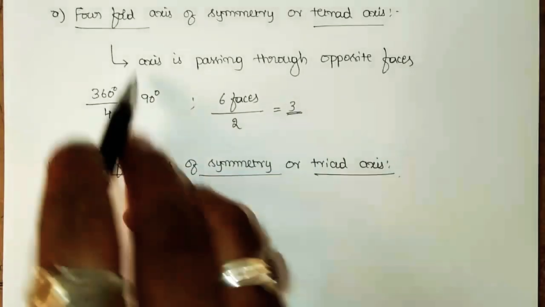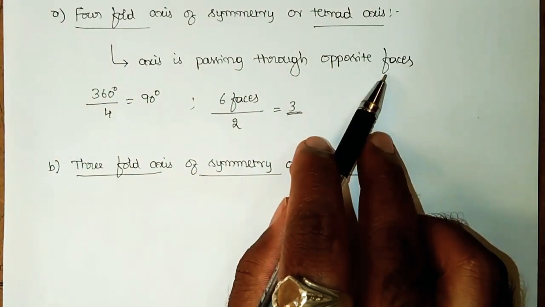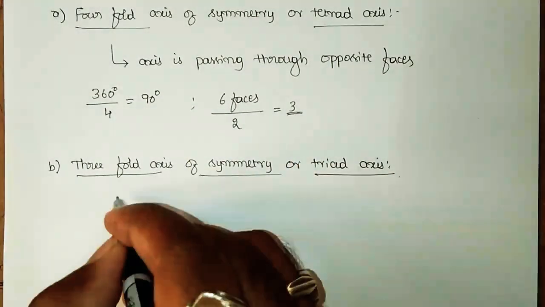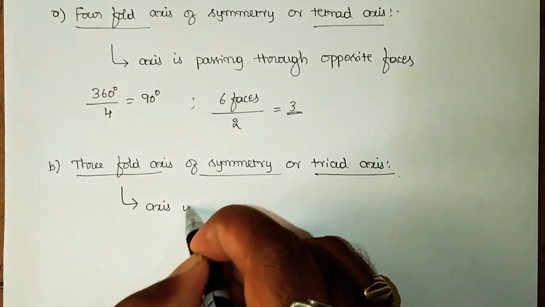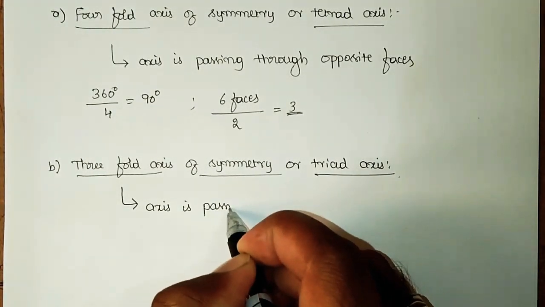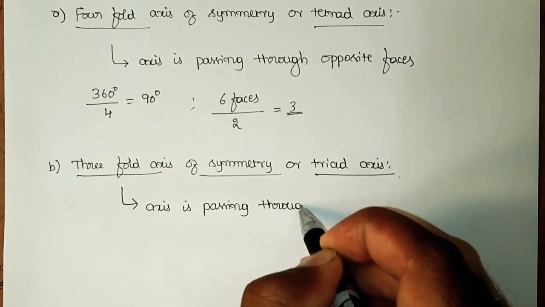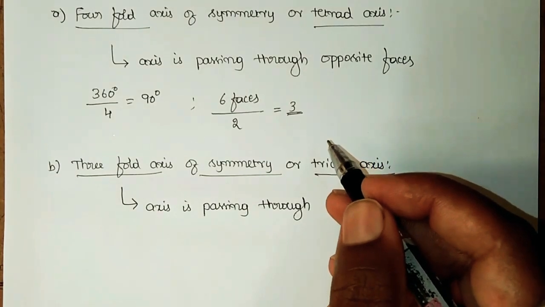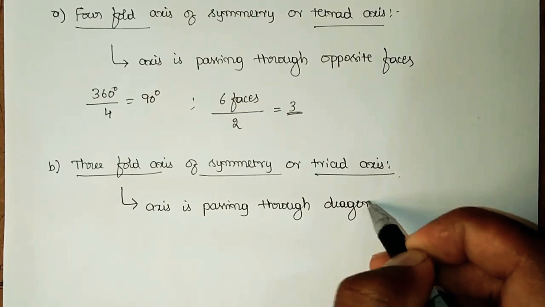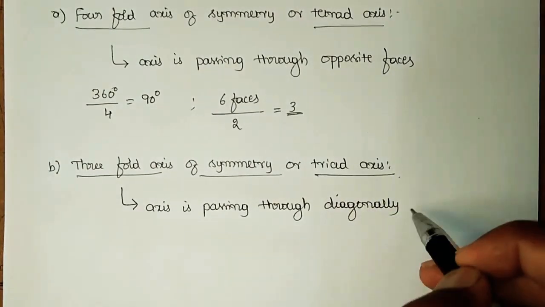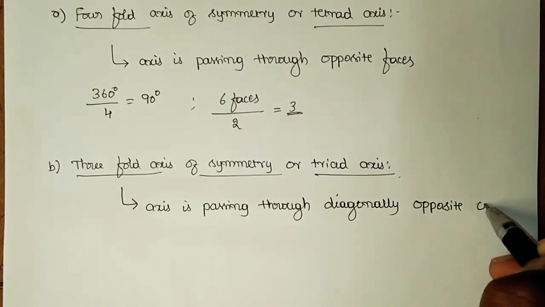Since the fourfold axis is the one in which the line passes through opposite faces, here the threefold axis is the one which is passing diagonally through opposite corners.